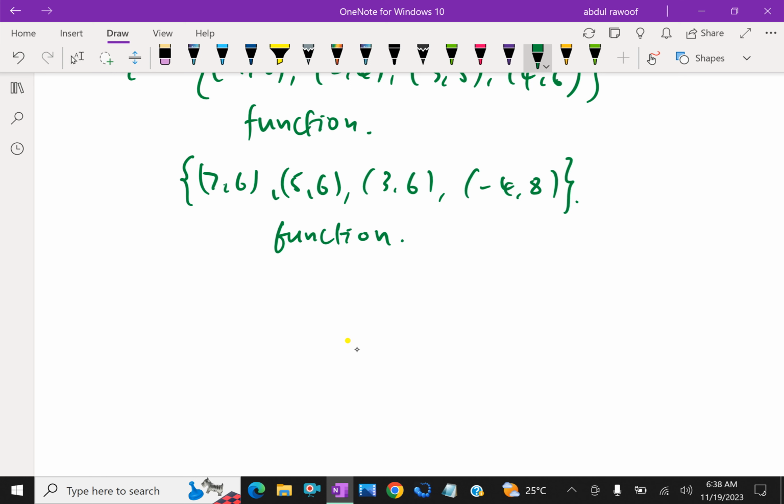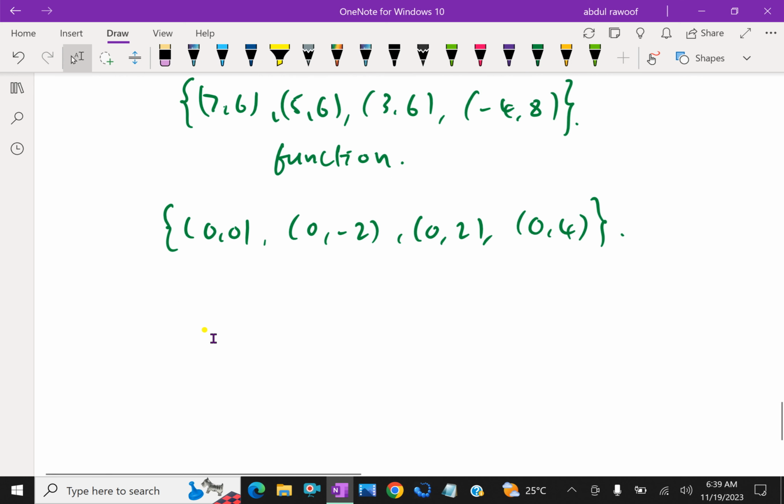One more example: 0, 0; 1, 0; 0, minus 2; 0, 2; and 0, 4. Look at here.